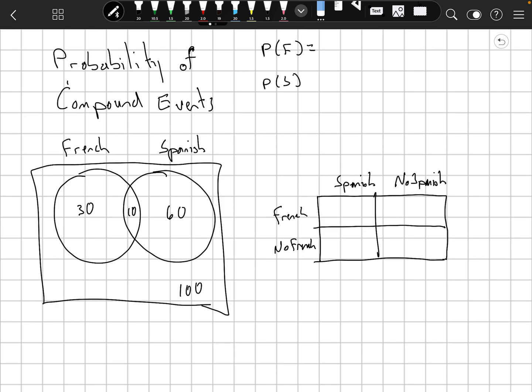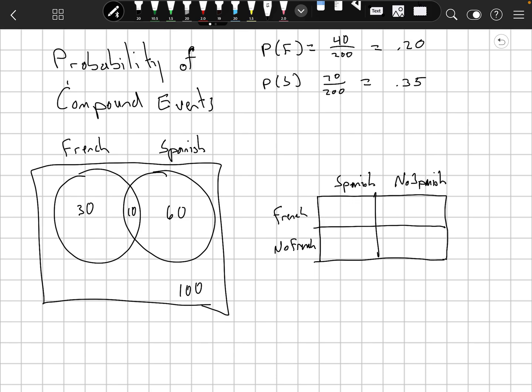So 40 out of 200, and that breaks down to 20%. Probability of being in the French club is 20%. The probability of being in the Spanish club, we've got 60 plus 10, that's 70 out of 200, and that breaks down to about 35%.